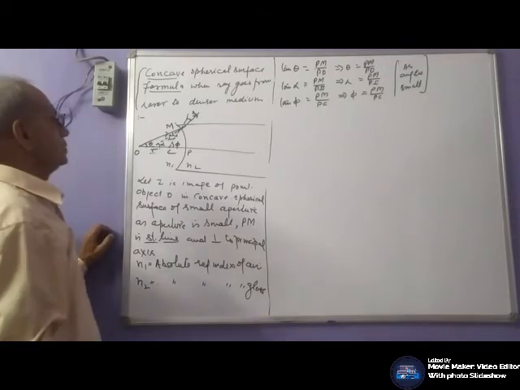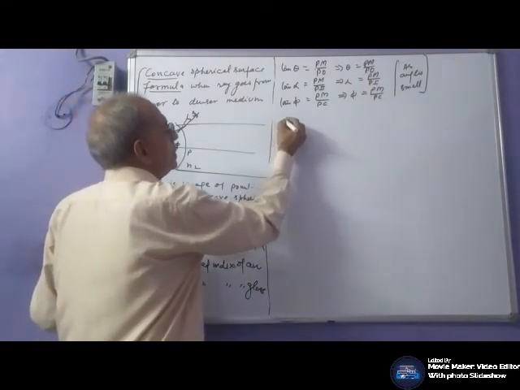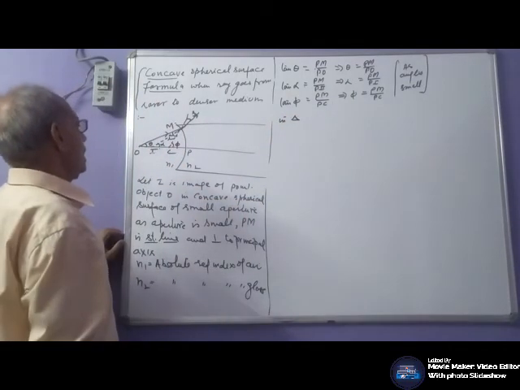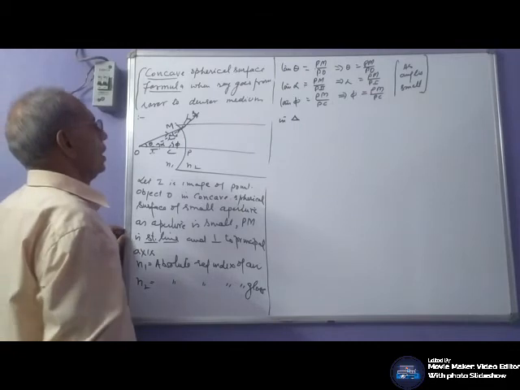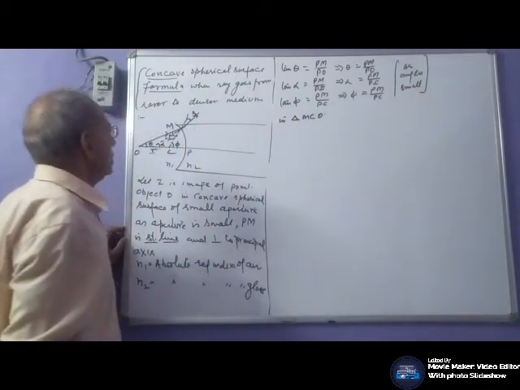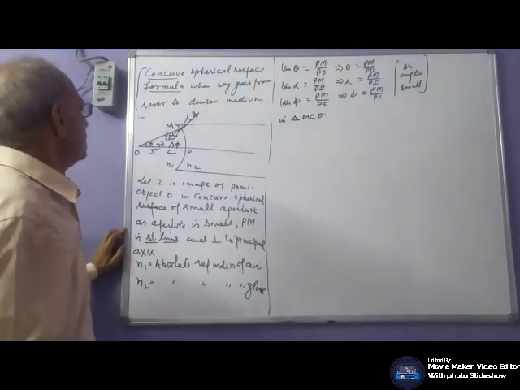Now I, in triangle, I angle is MCO. In MCO, phi is external angle.